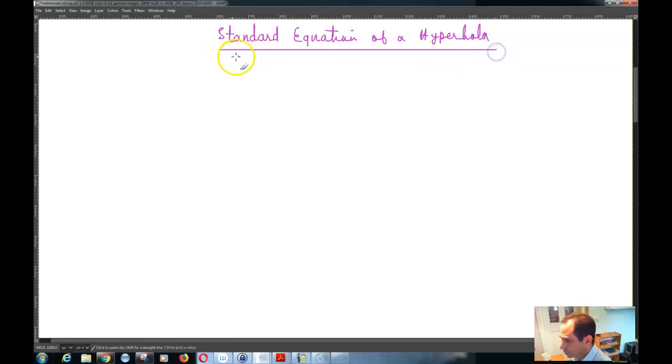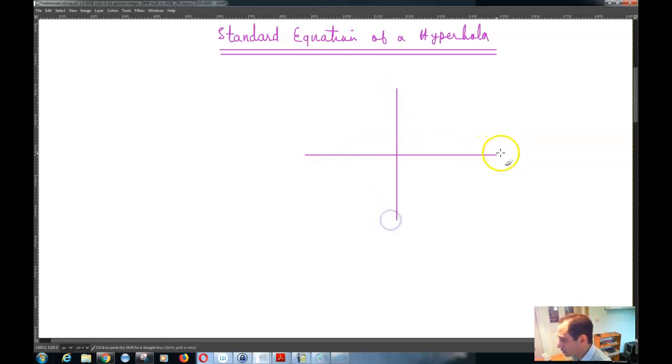Basically, the equation of a hyperbola is going to be in the simplest form, without too much unnecessary detail, if the center of the hyperbola is at the origin. When I draw a hyperbola like this, this is for example the transverse axis, and this is the conjugate axis.